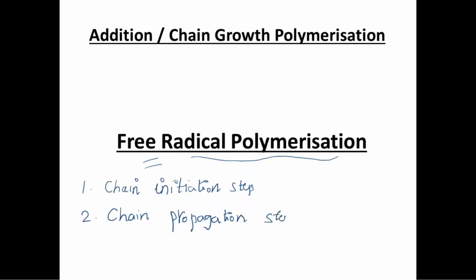And the third and last step, when we have to end the chain reaction, is the chain termination step. So free radical polymerization takes place in three steps: chain initiation, chain propagation, and chain termination. Now we proceed to these steps one by one.